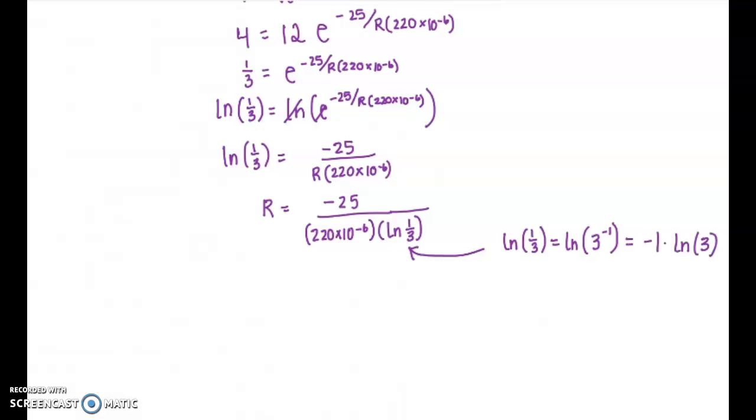And so that becomes negative 1 times the natural log of 3. So now you can see that on the top and the bottom, you have negatives, so those should cancel out. When you type this into your calculator, you get an answer that looks something like this. That's pretty messy. So I'm going to round that to be about 100 kiloohms. And that's the R value that we were trying to solve for.